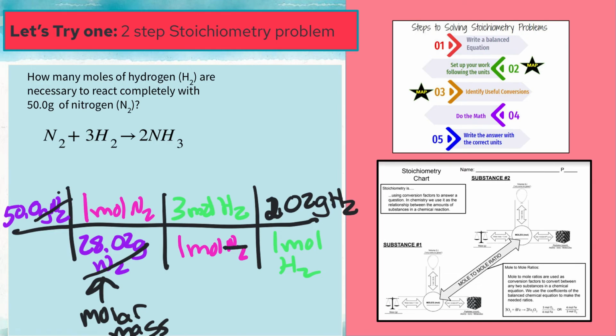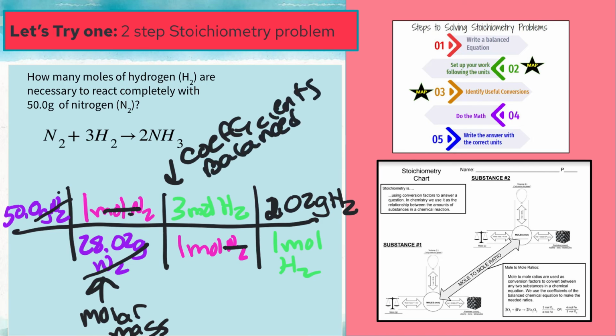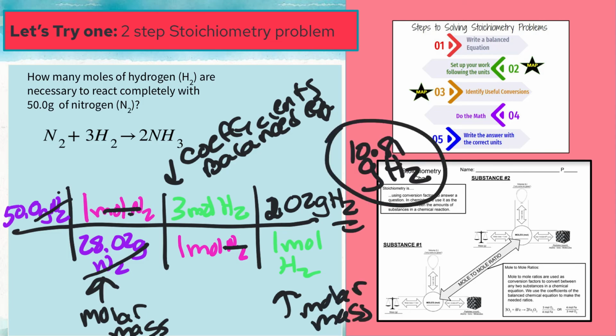These moles of N2 can cancel, and this is from the coefficients of the balanced equation. And this last one is the molar mass of hydrogen. When I do all of that, my answer is 10.081 grams of H2.